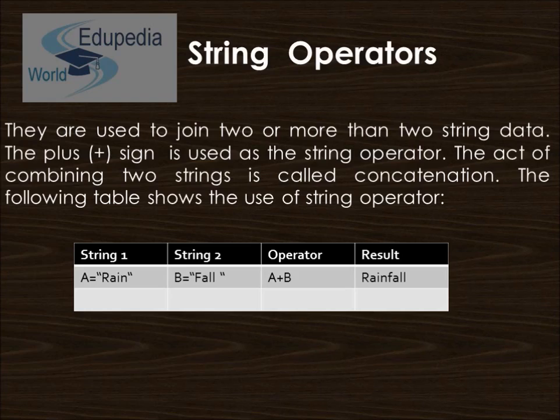Suppose we have 2 strings, the one with the value rain, the other string has a value fall. So if we concatenate both of the strings, as a result we will have rainfall. So simply this is how the concatenation or the string operator works in BASIC.